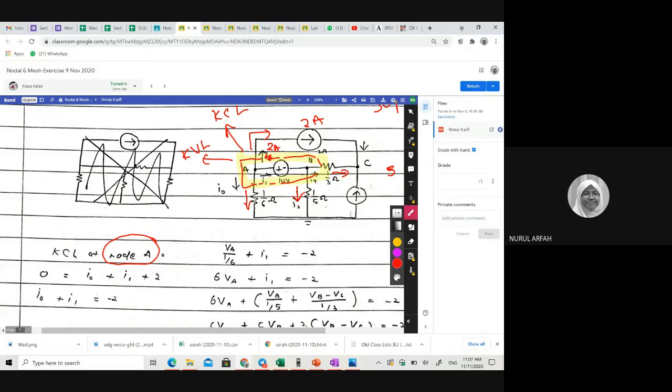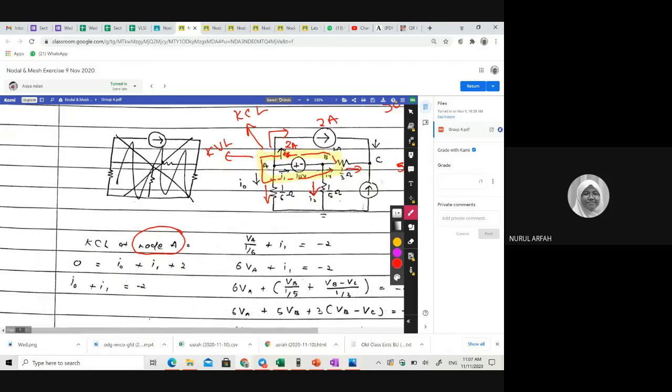Okay, so this one should be KCL at the super node. And you have this, how many currents entering a super node? Aisha? All entering, yes, very good. So you have 4 there.